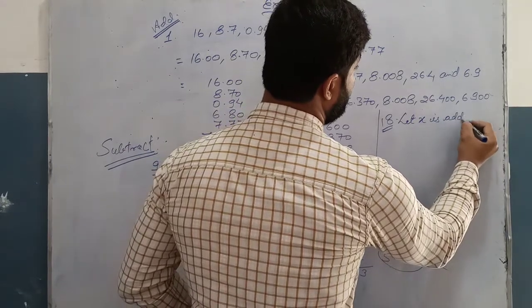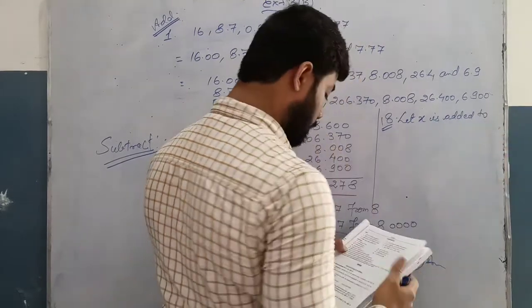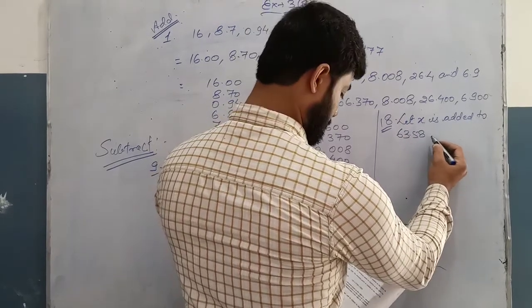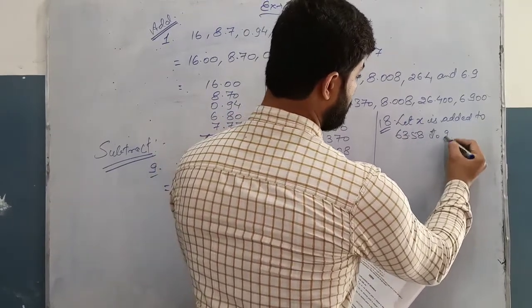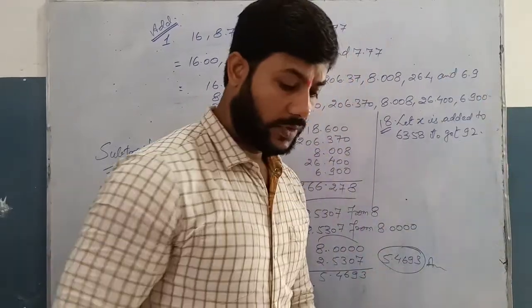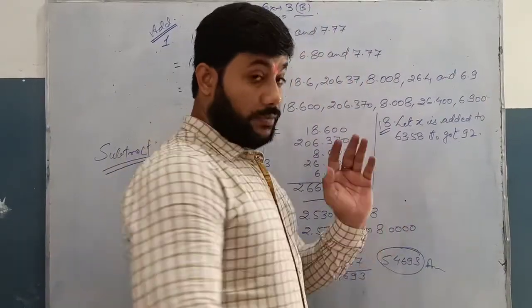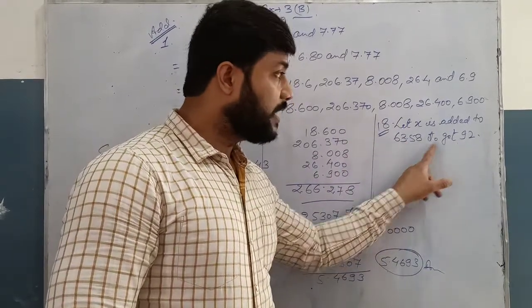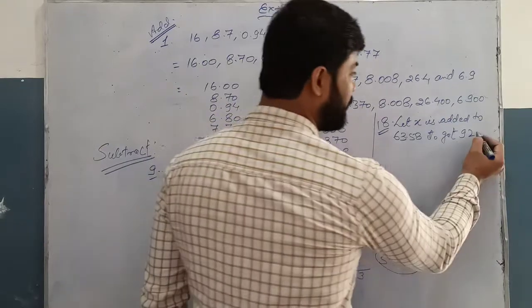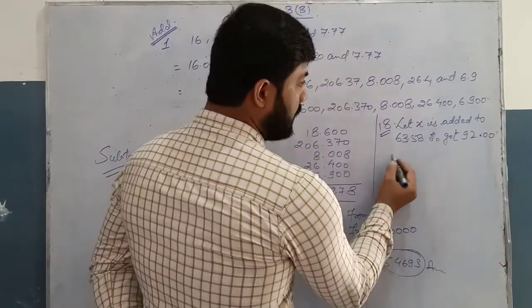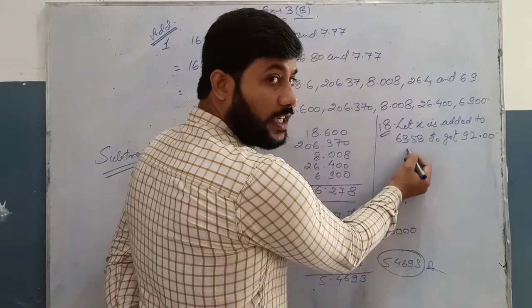At first we have to make these two like decimals. So 63.58 here, 92.00.